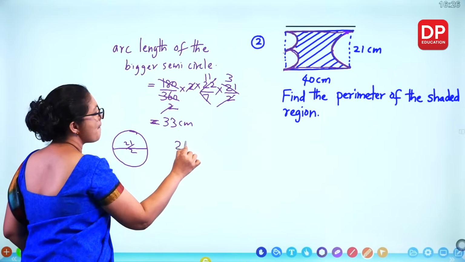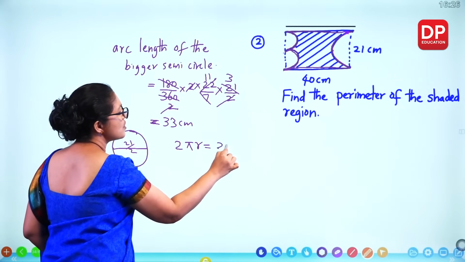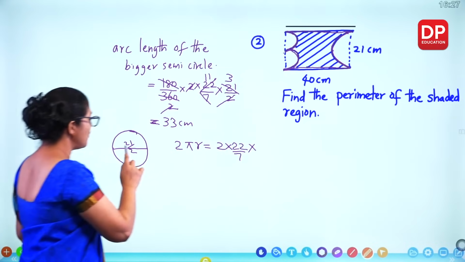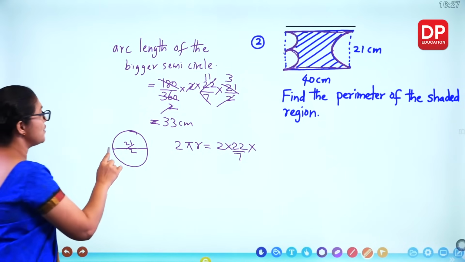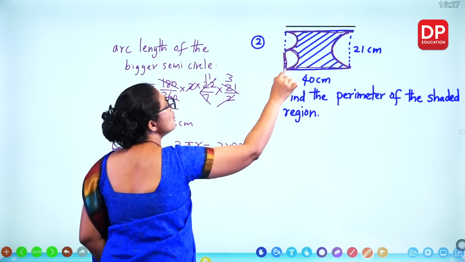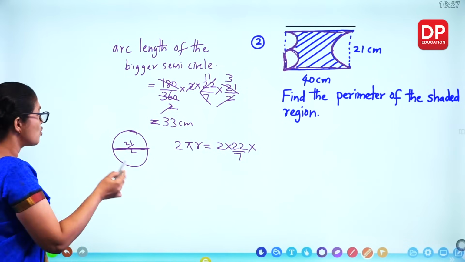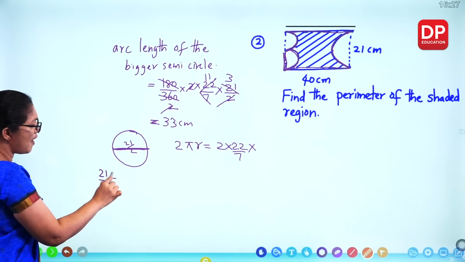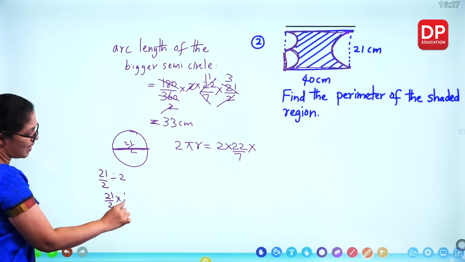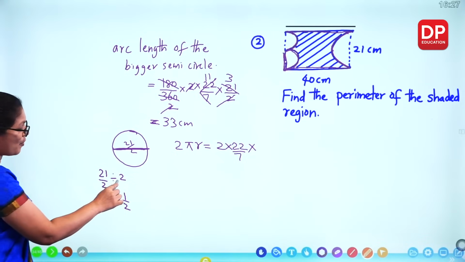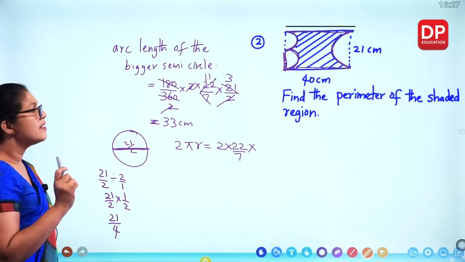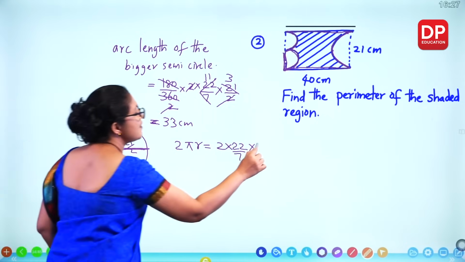That's 2 pi r. So 2 times pi is 22/7 times r. What is the r value there? Now the diameter of this circle is 21/2. What's the radius? 21/2 divided by 2 again. So here you get 21/2 multiplied by half. Take the reciprocal. You get 21/4 as the radius.